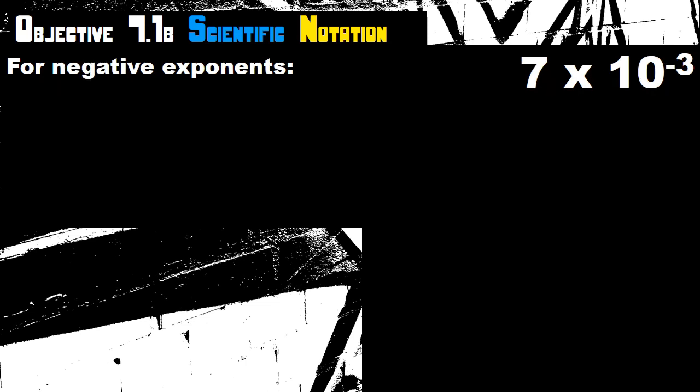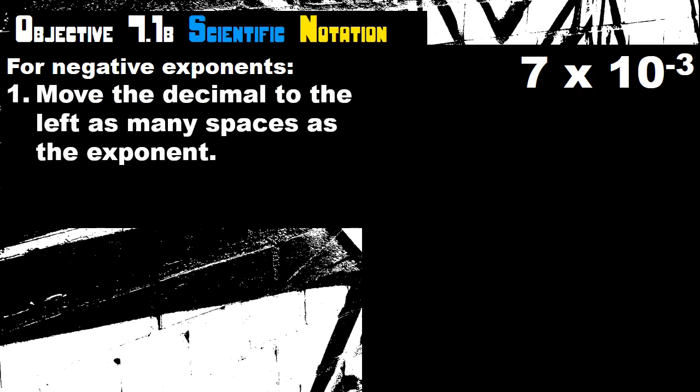So now what do we do with negative exponents here? What we're going to do is start with 7. We're going to add our decimal point at the end here. And it says now we're going to move the decimal to the left as many times as the exponent. We're going to move it left because we have a negative exponent right there, -3.